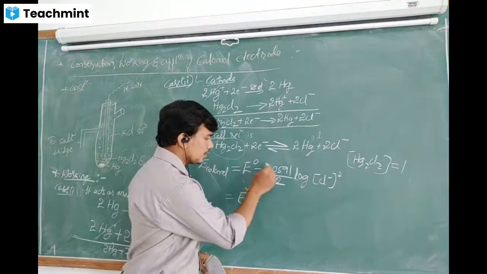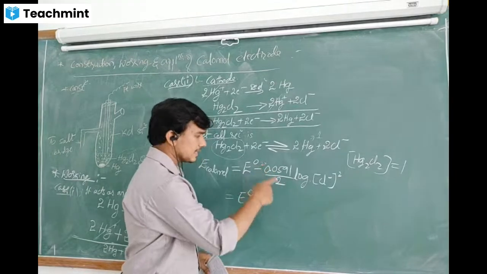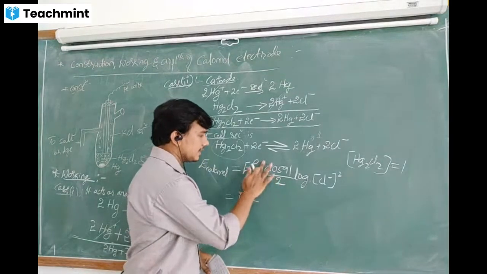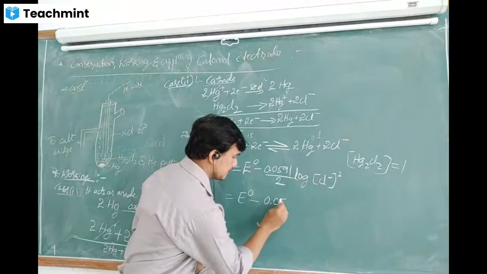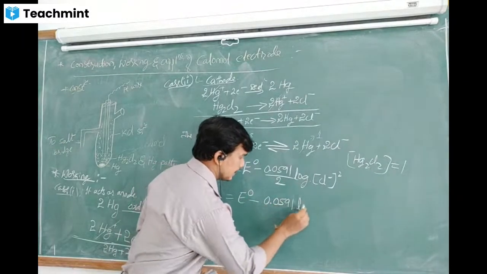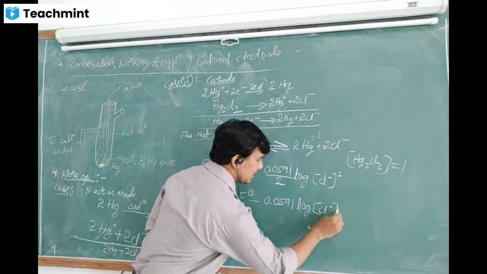So here the 2 cancels. Shall I write it directly? 0.0591 into log of concentration of chloride ion.